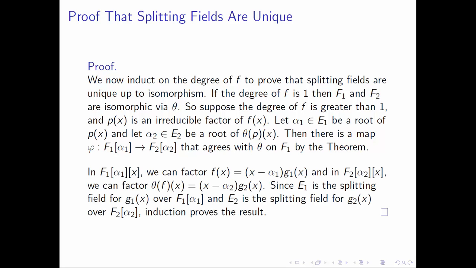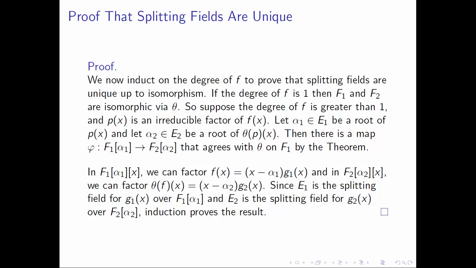Now let's look at some new polynomial rings. Let's look at F1 adjoined alpha 1 adjoined x. So F1 adjoined alpha 1 is the field of coefficients, and then we just tack the x on at the end to work in that polynomial ring. Inside here, alpha 1 is an element of the field F1 adjoined alpha 1, and so we can factor the polynomial f of x as the quantity x minus alpha 1 times something else.